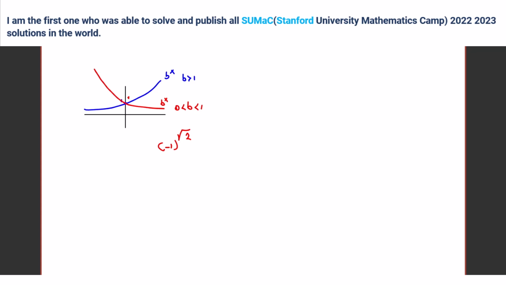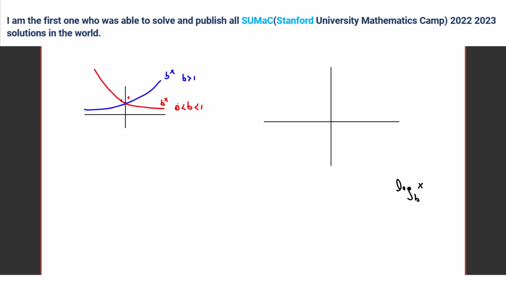Yeah. And another thing that is important is that it is increasing, it is decreasing, and we can also relate it to log. For log, if we have log b of x, for 1 also, for 1 it would be 1 to the power of x.